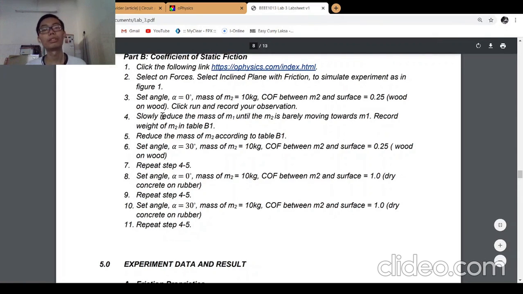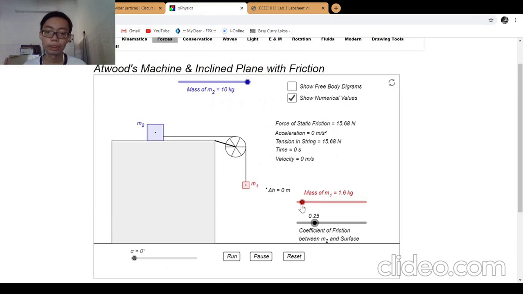Back to the procedure: we slowly reduce the mass of M1 until M2 is barely moving towards M1, and then record the weight of M2 in table B1. First we set the mass of M1 larger.